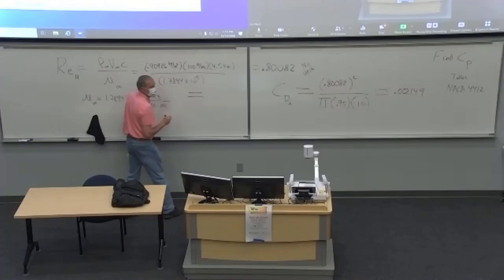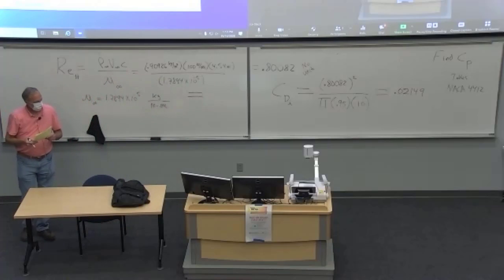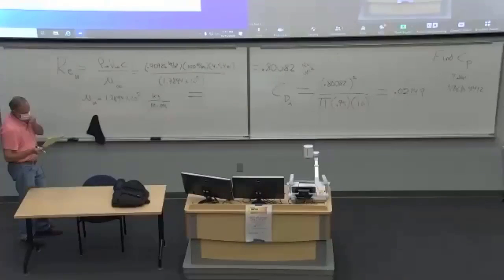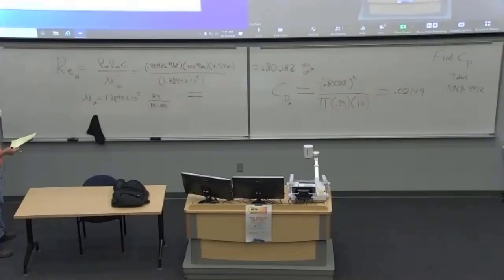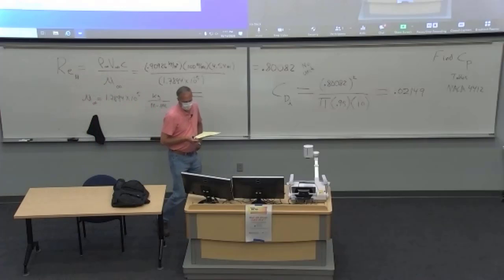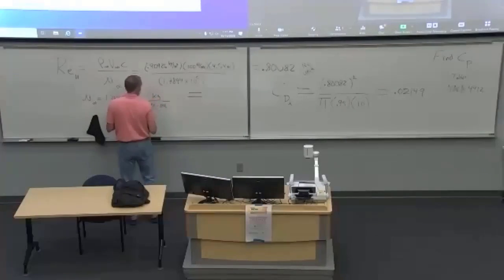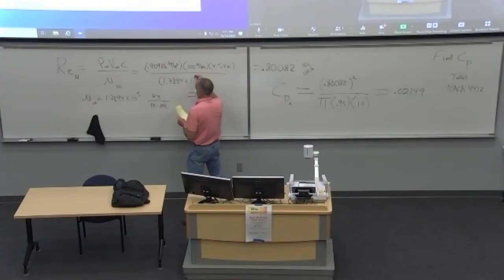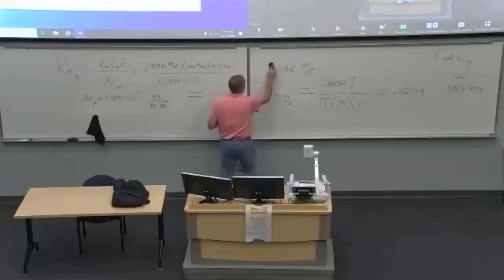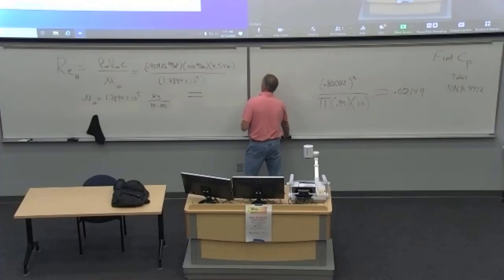So what's our Reynolds number? Remember CL of 0.8, because we got to look that up on the chart.